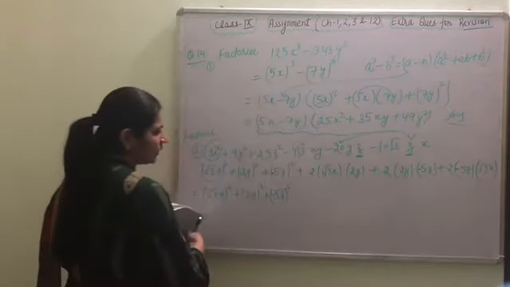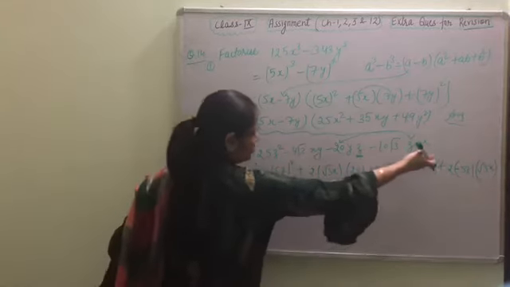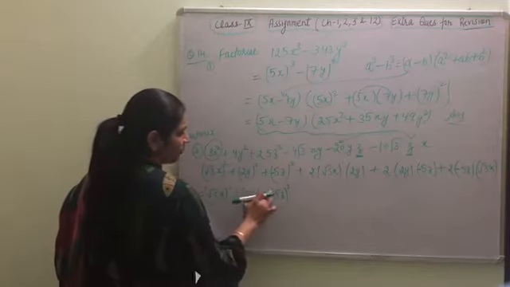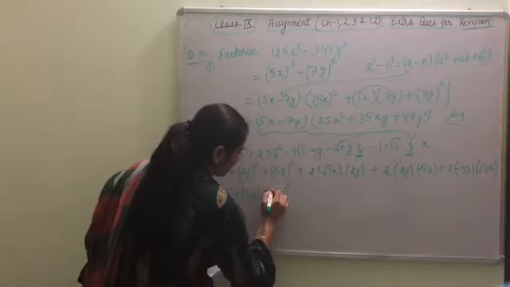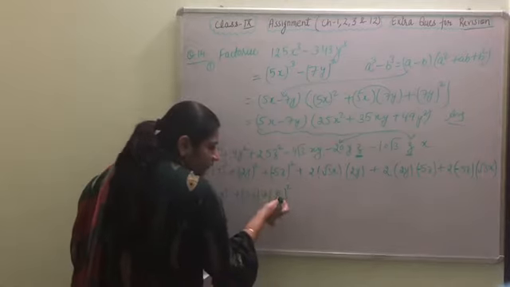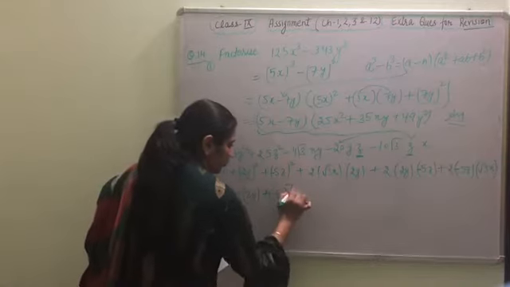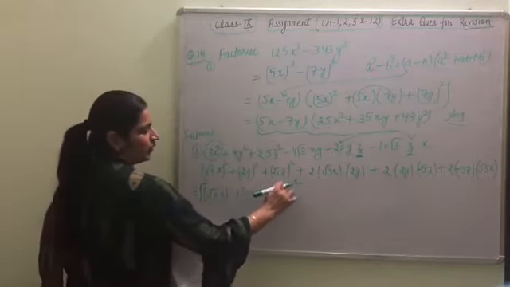Now this is the right hand side of the identity, so we can write this as (a plus b plus c) whole square, with the signs positive as well as negative: (root 3 x plus 2y minus 5z) whole square.